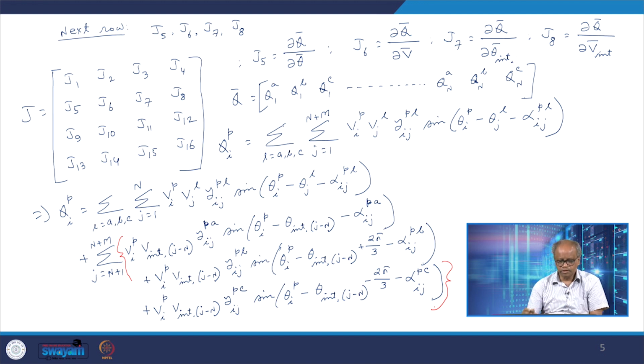Again, with this expression I can very easily find out the expressions of J5 and J6, as we have done in the same manner for J1 and J2. We can also very easily find out the expressions of J7 and J8.